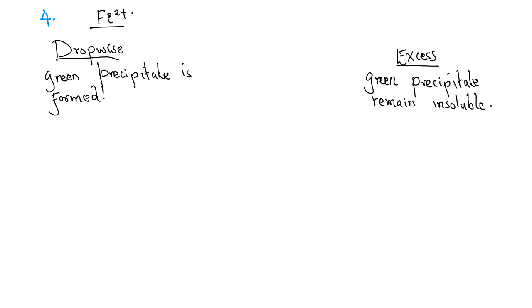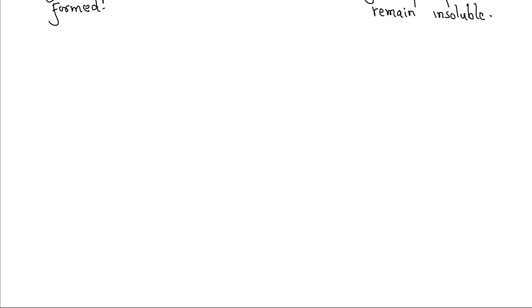So it gives a green precipitate that does not dissolve in excess, meaning it is due to formation of iron 2 hydroxide that remains the same even in excess.